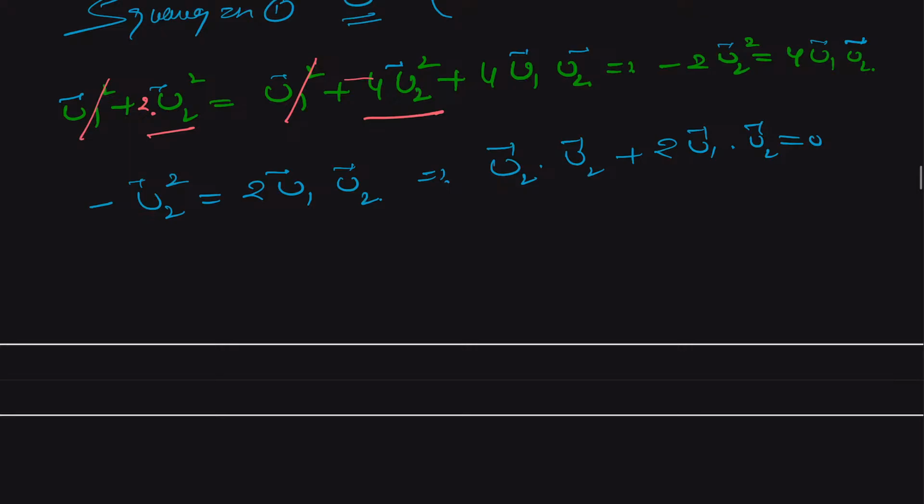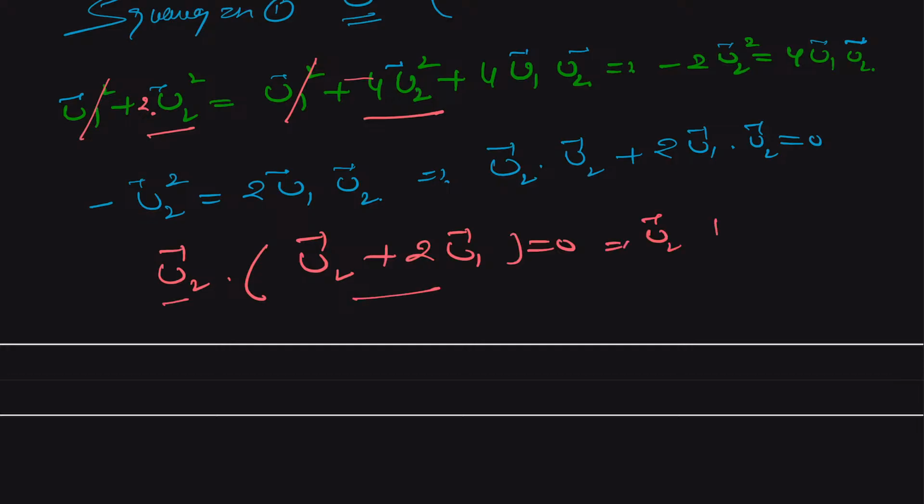So from here we can take v2 as common, so we can write v2 dot v2 plus twice v1 is equal to 0, which basically means that they are perpendicular to each other, because their dot product is equal to 0. Therefore, you can say our v2 is perpendicular to v2 plus twice v1. That was the question.